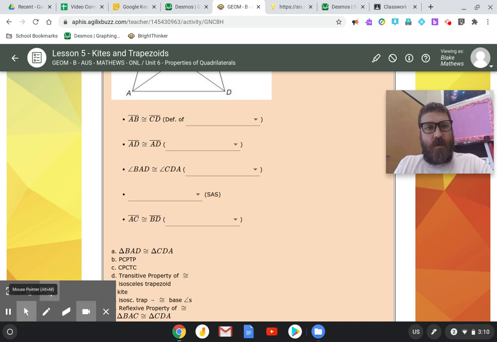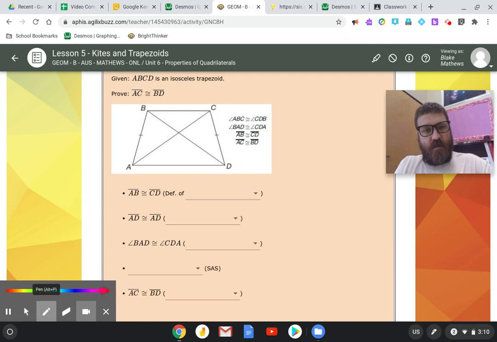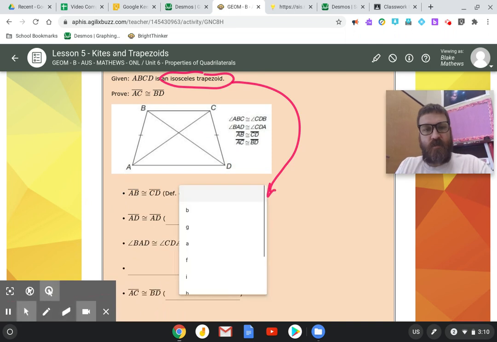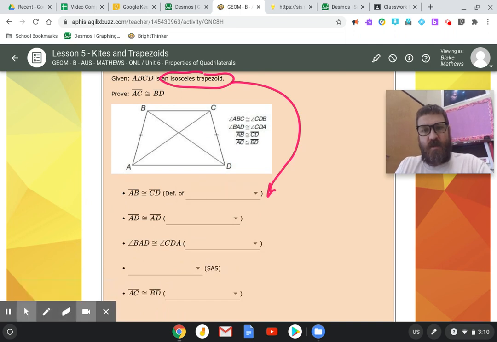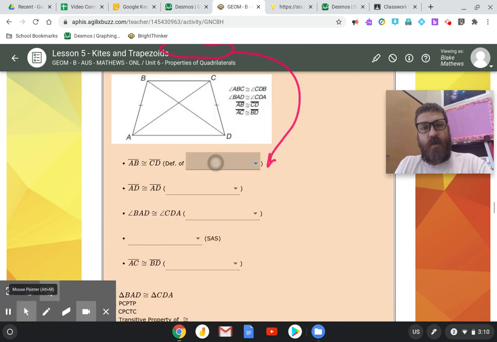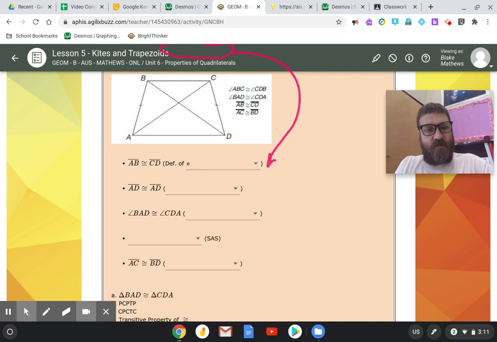All right. The first thing it says is AB is congruent to CD. And again, if you start with information about an isosceles trapezoid, you should be pretty confident that the first response is going to be the definition of that thing. So let's go look. And there it is. Answer choice E, isosceles trapezoid. So that has to be answer choice E. Then it says AD is congruent to AD.